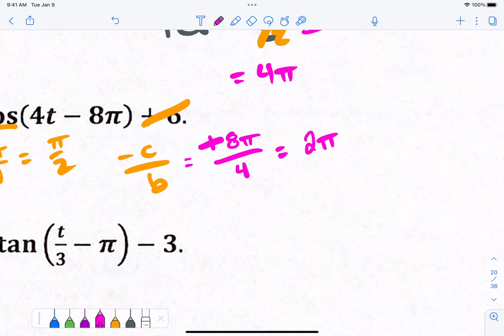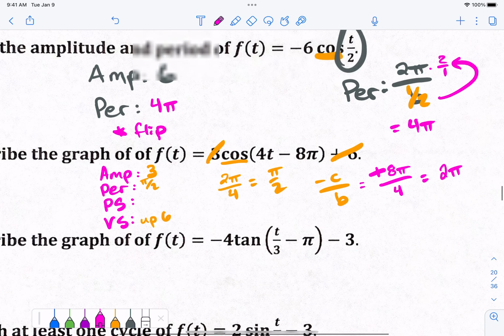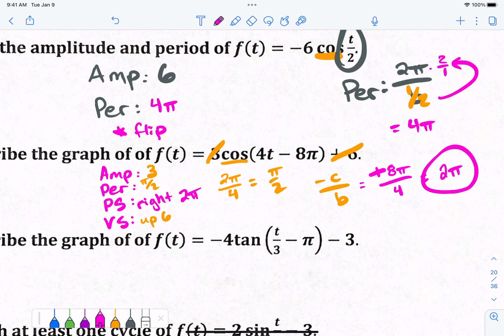It is to the right 2 pi, because it's positive now. If it was negative up in the equation, that means to the right, correct? We can see that by it turning positive here. Questions about that? Is it flipped? No, but make sure you add that if you need to.